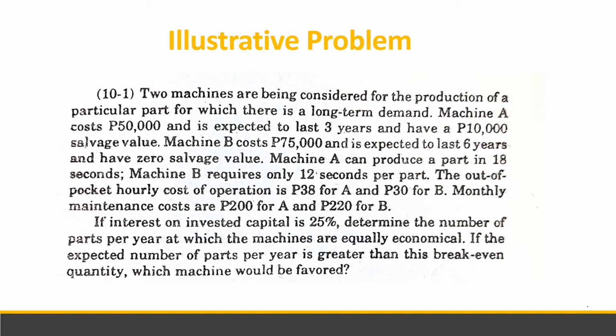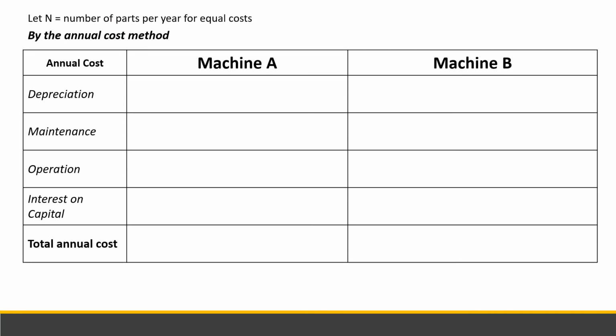So given the costs for machine A and machine B, we will solve the problem first by algebraic solution. So we will let n be the number of parts produced per year for equal cost or for break-even point. So we will solve this by annual cost method.